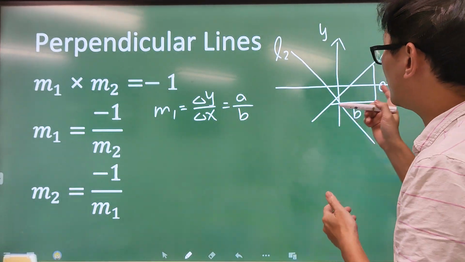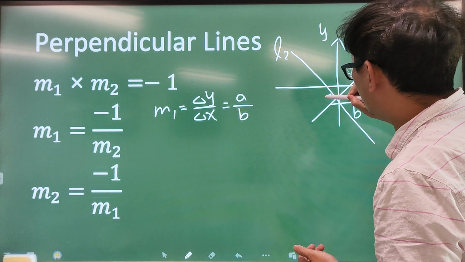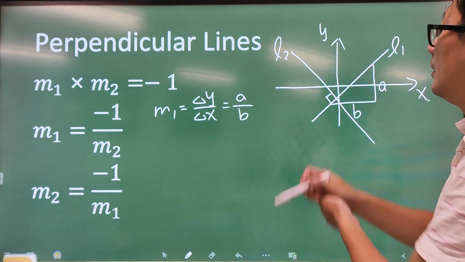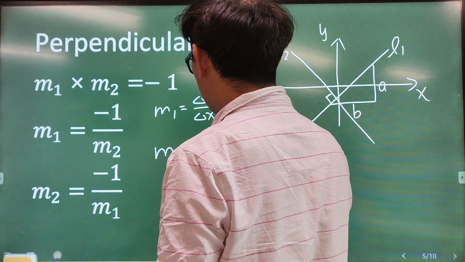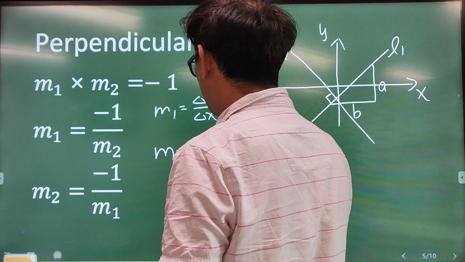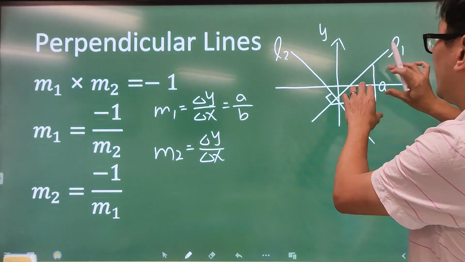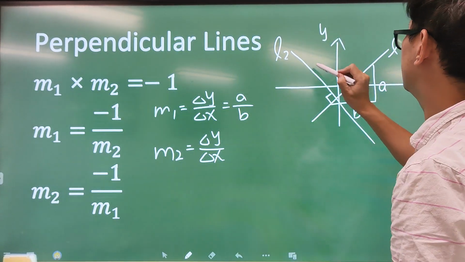Well, remember, I rotated it 90 degrees, so that means line 2 is perpendicular to line 1. What is the gradient of line 2? Okay, it's also change of y over change of x. Let's rotate A and B also 90 degrees.